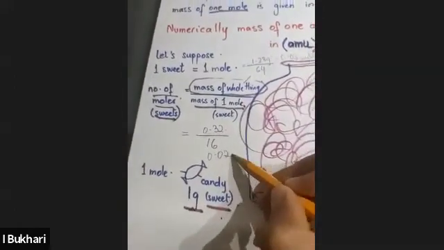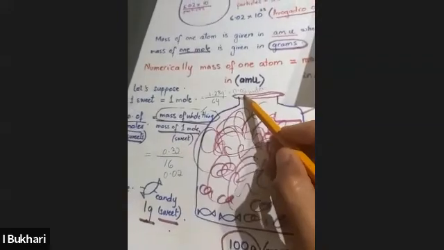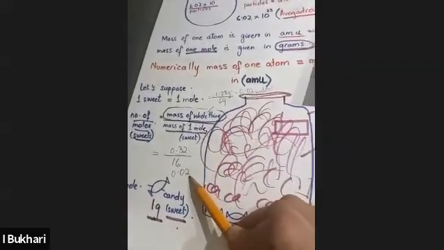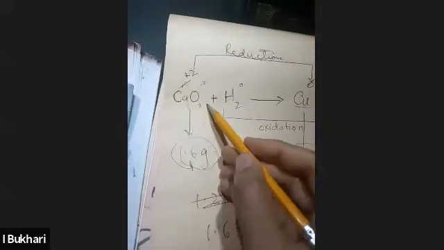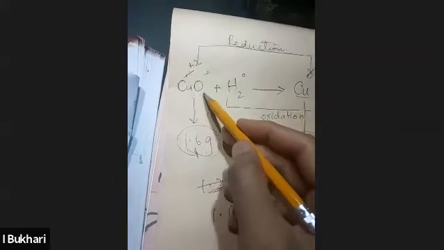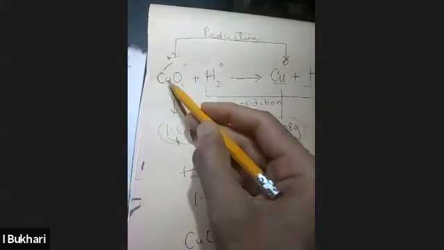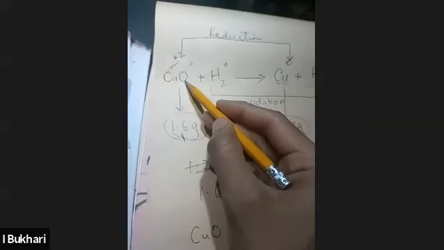Okay, 0.02. Now also appreciate that the number of moles of copper is the same as the number of moles of oxygen. Why? Because you can see that they are in a 1:1 ratio in the formula. So number of moles of copper will be equal to the number of moles of oxygen.